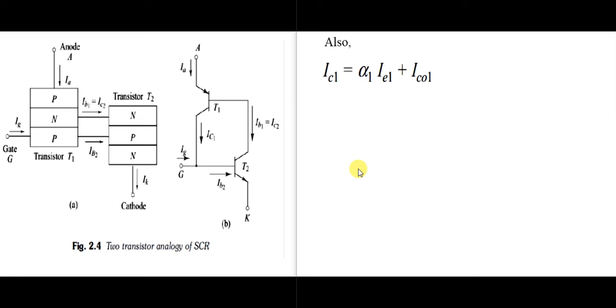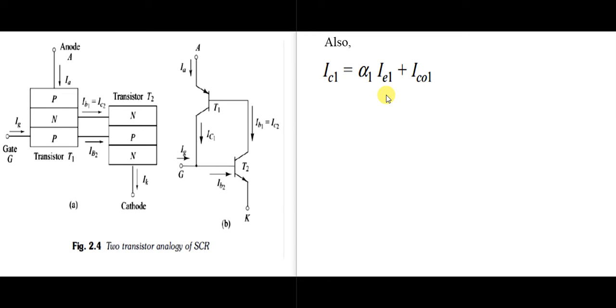Now collector current 1 is equal to alpha 1 times emitter current 1 plus ICO1. As per the definition, current gain is given by output current to input current.